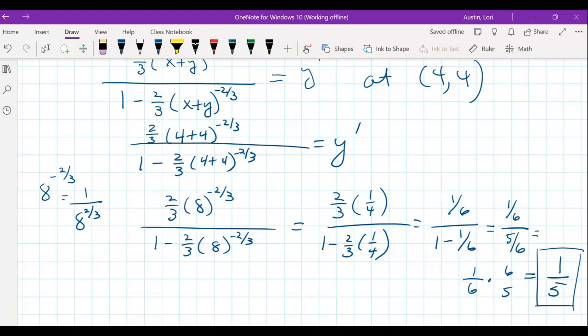So you know the slope. Don't forget, with the slope, you can write an equation of a line. You have the point, so don't forget that stuff too, once you have your slope. So the slope is 1/5.